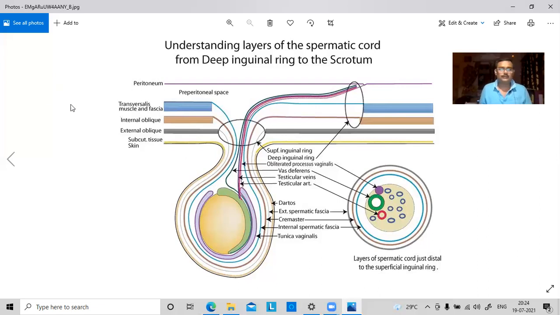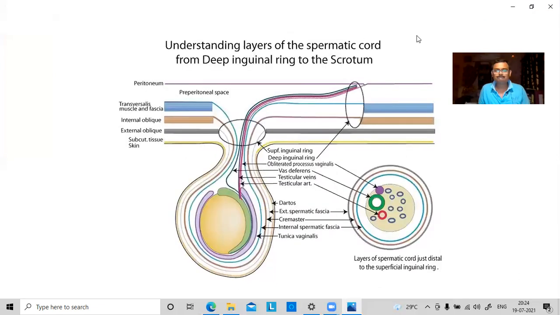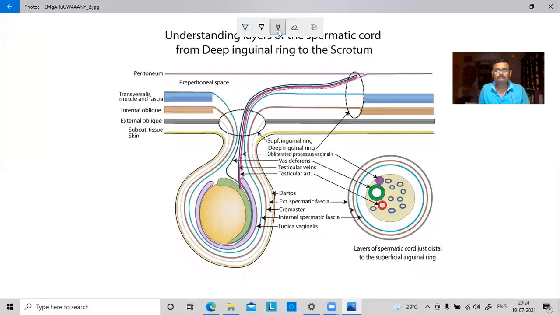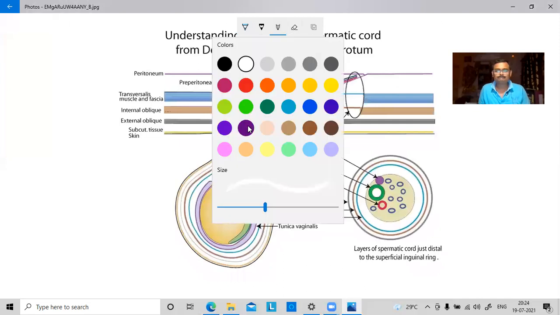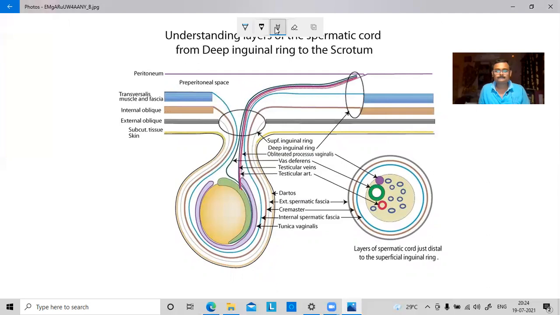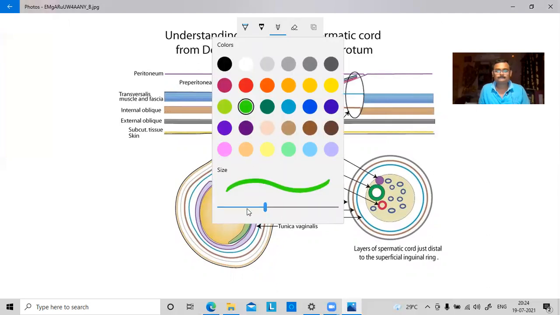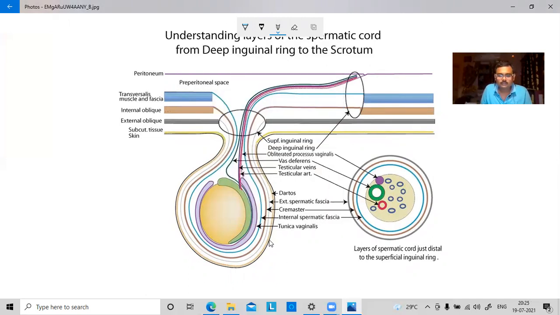Now, after the dartos muscle, there is the external spermatic fascia. So, let me point it out. So, this is the skin, now followed by the dartos muscle.